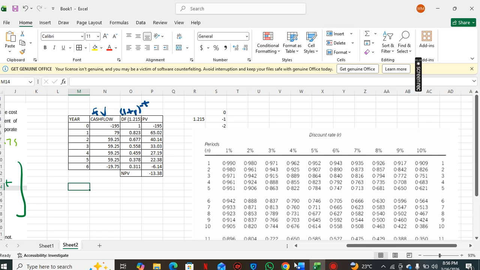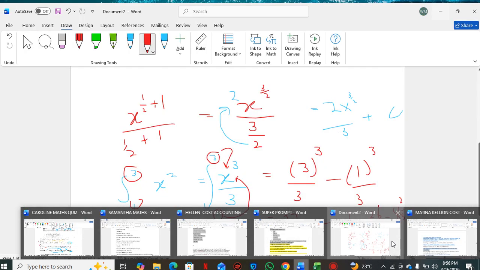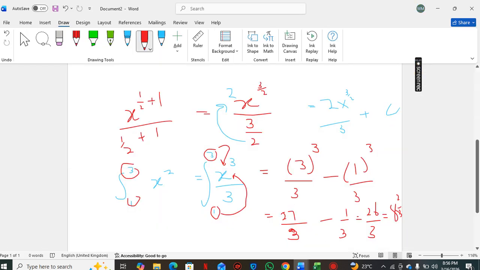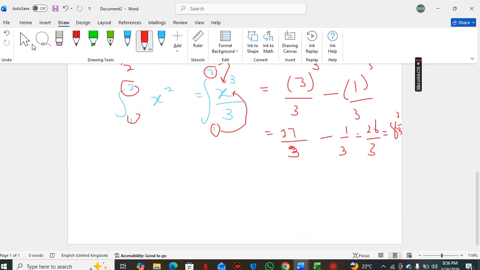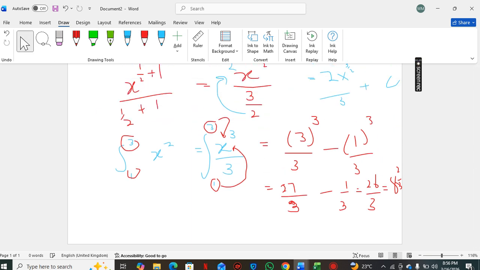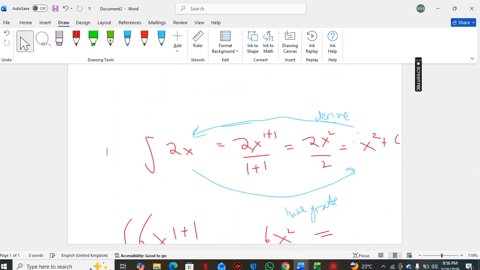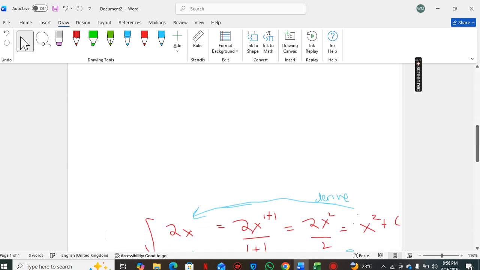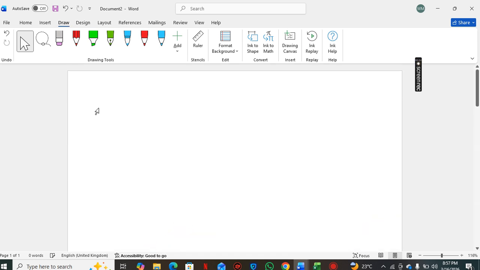When your first NPV is negative, reduce your discount rate. Reduce the discount rate.